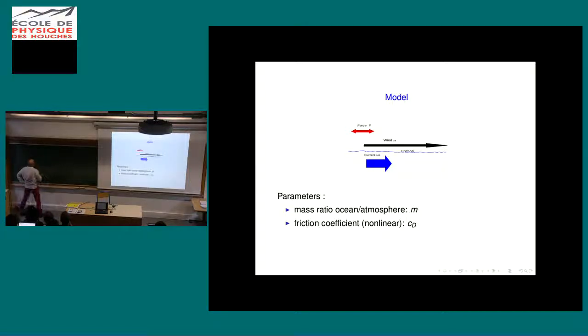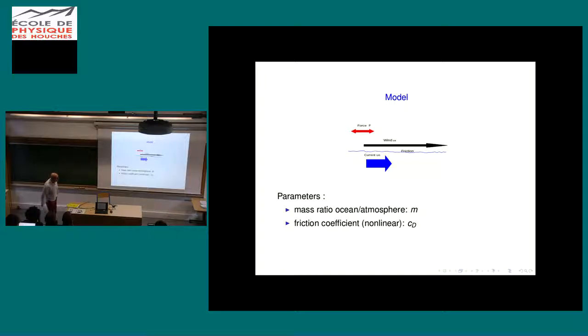What is U_S? U_S is just the difference between the atmospheric and the oceanic velocities. So I'm looking at the difference in velocities between the ocean and the atmosphere. Not everybody does this.